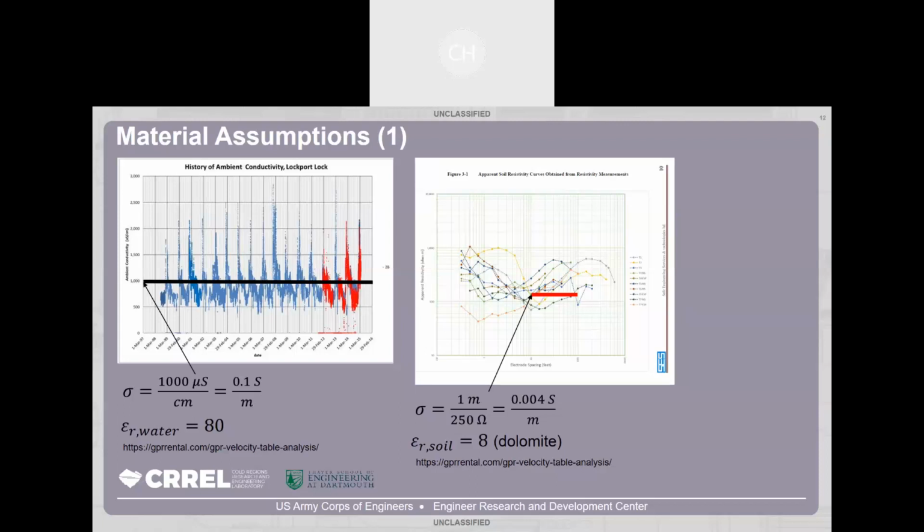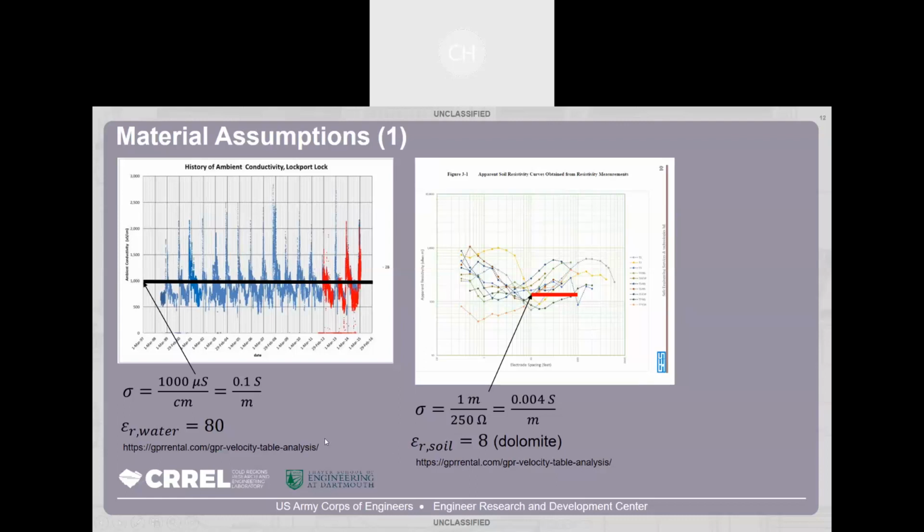I don't know if hibernate is the right word. I don't believe that they hibernate, but they do not move nearly as much. And so actually wintertime, when the conductivity of the water starts to increase, is actually the time that we're least worried. And so that actually works quite well for our advantage.